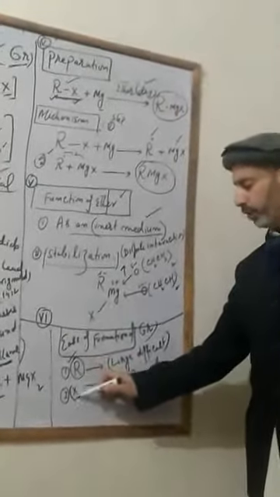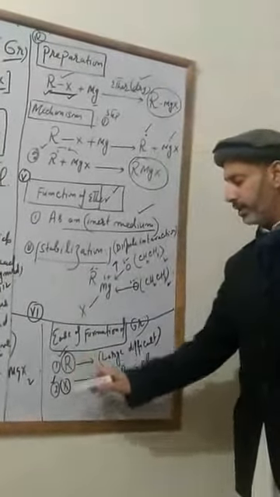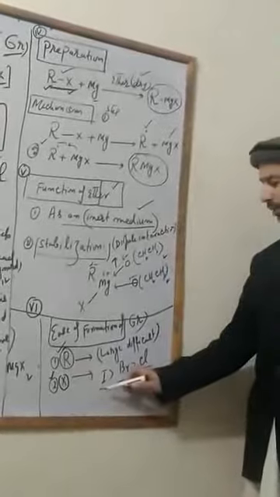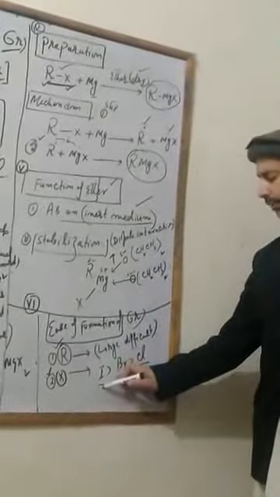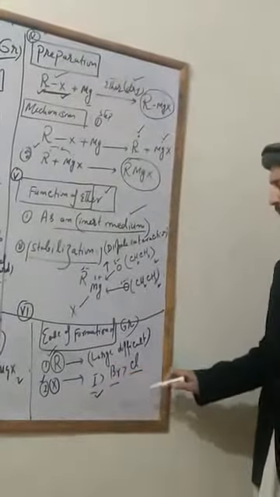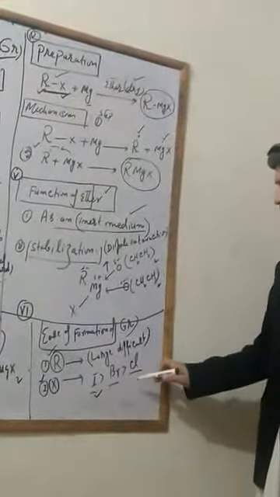The second factor which plays a role is the nature of the halogen. You see over here that iodide will react more vigorously and faster as compared to bromide and chloride.